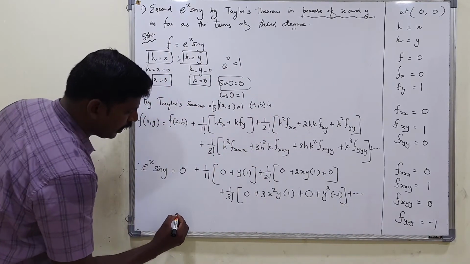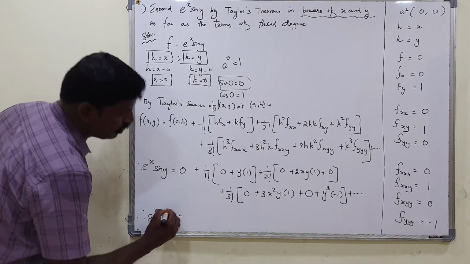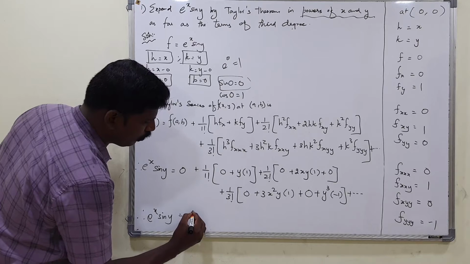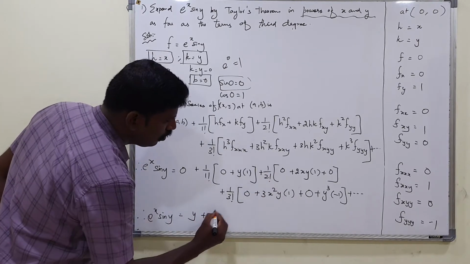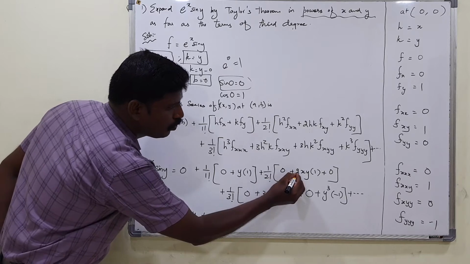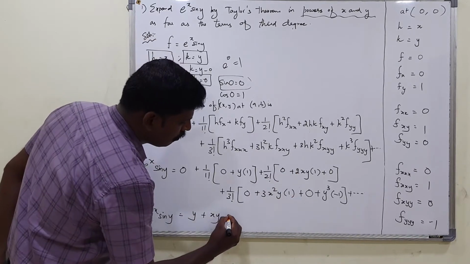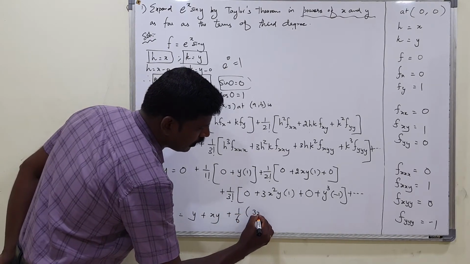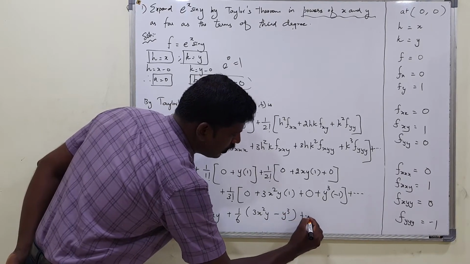So I write it in simple form: e power x into sin y is equal to 1 by 1 factorial which is 1, into y, so y, plus 1 by 2 factorial is 1 by 2, that 2 cancels with this 2, it becomes xy, plus 1 by 3 factorial is 1 by 6 into 3x square y minus y cube plus dot dot dot.